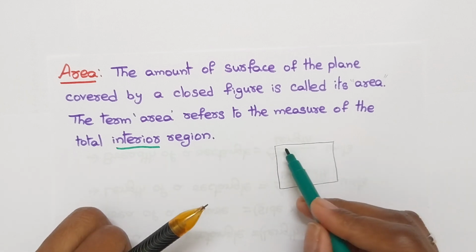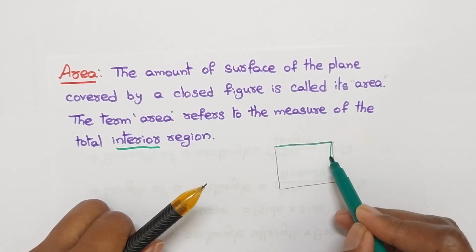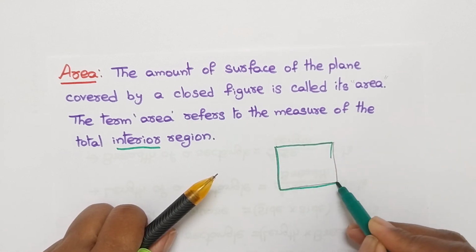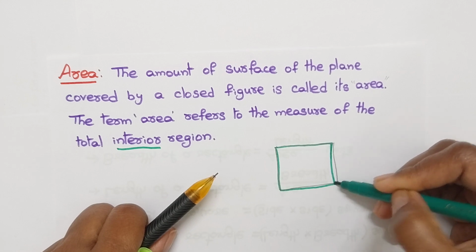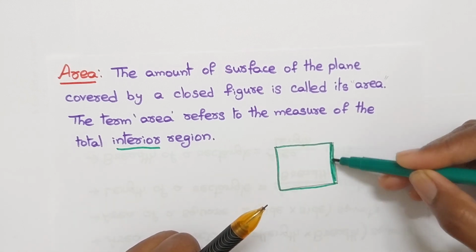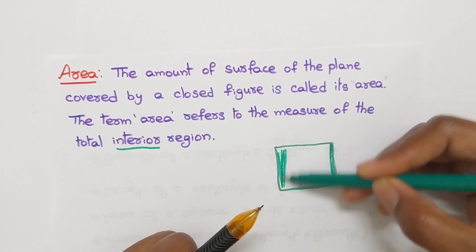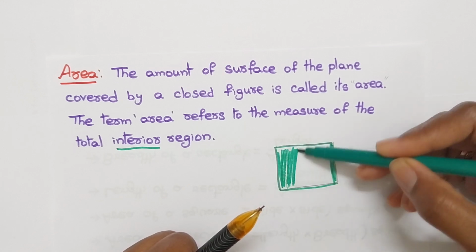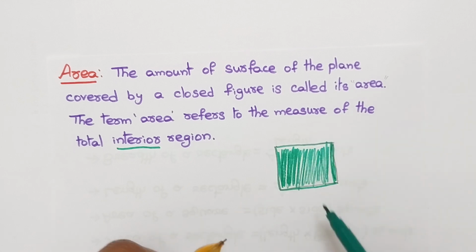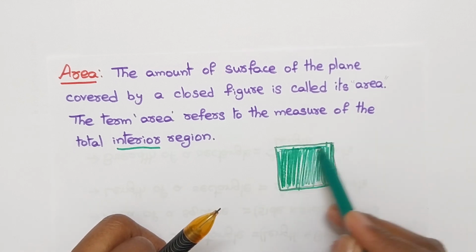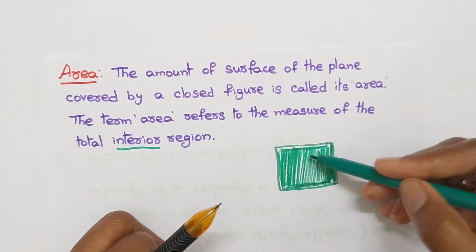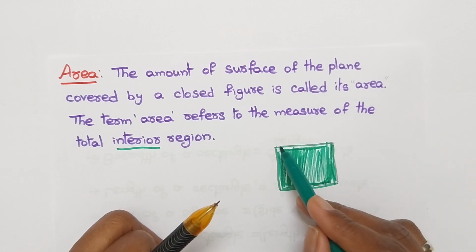This closed figure covers some space. This space is called area. How much this closed figure covers is called area.